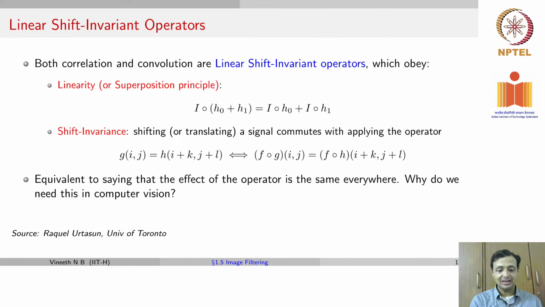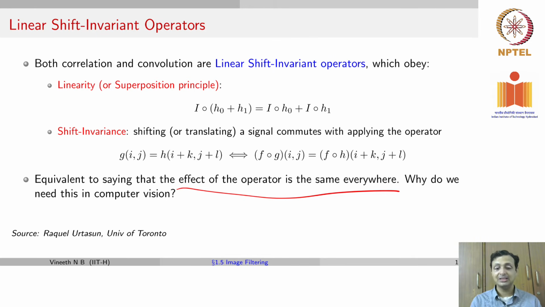Another way of saying that is the effect of the operator is the same everywhere in the image as long as the image has the same characteristic. If two images have the same characteristic, but the object corresponding to the characteristic is at different locations, the corresponding output at those locations will be the same for a given filter.